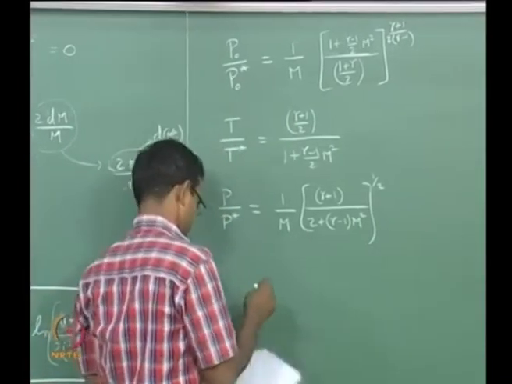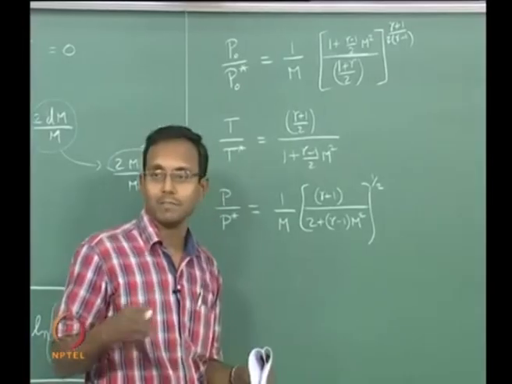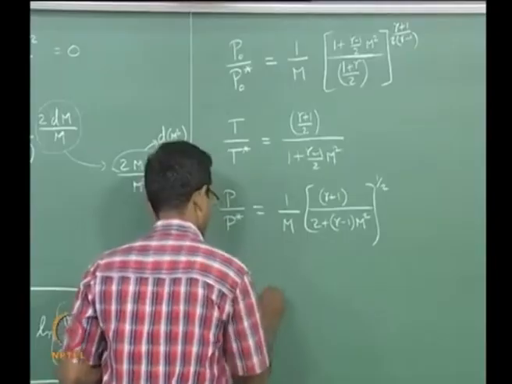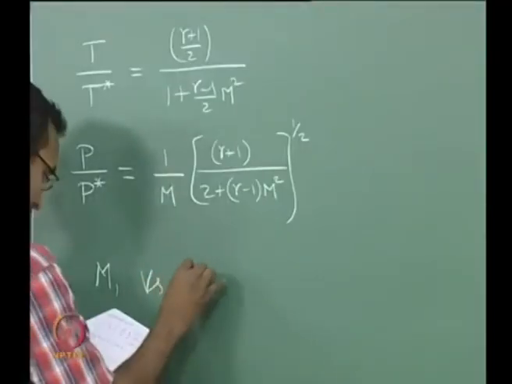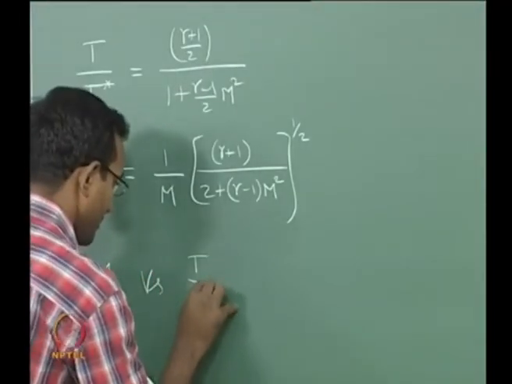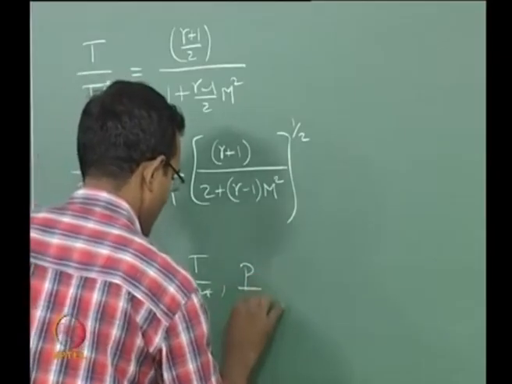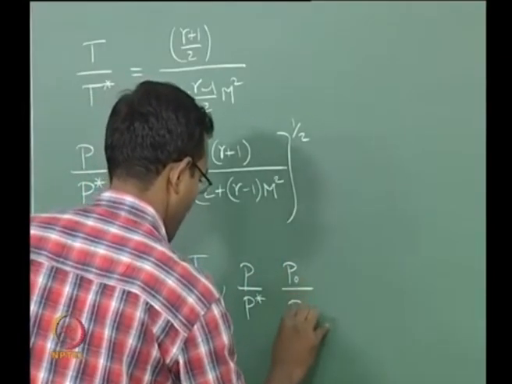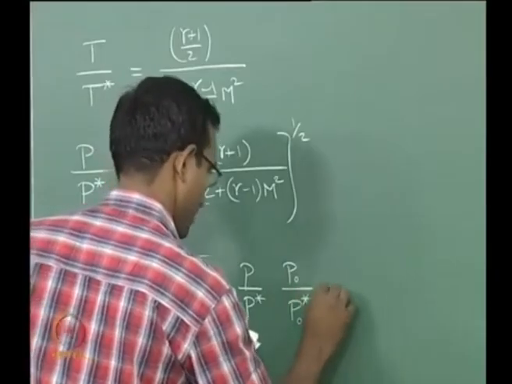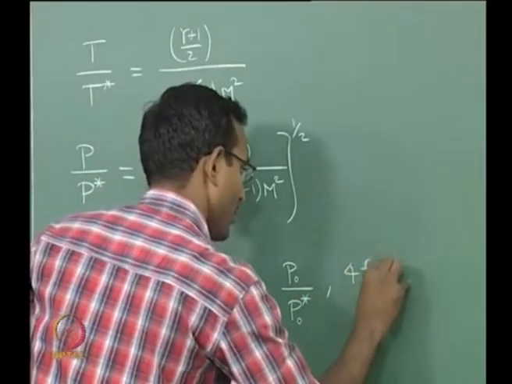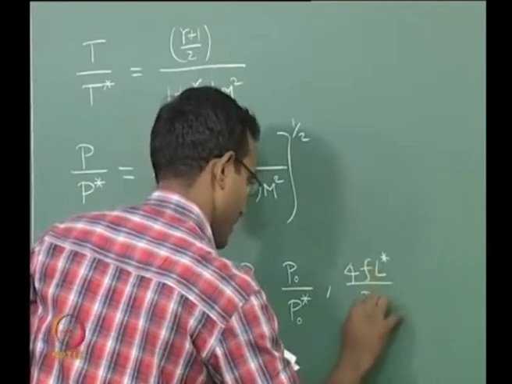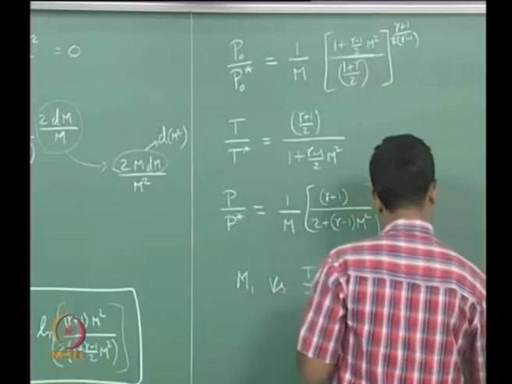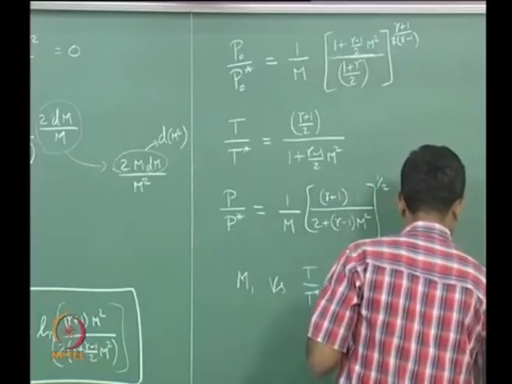Typically, all these variables are listed in compressible flow tables, with M1 as the primary variable versus T by T star, P by P star, P naught by P naught star, 4f L star by D H, and rho by rho star.